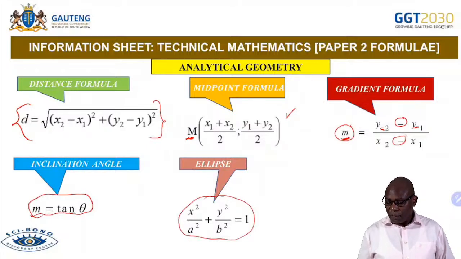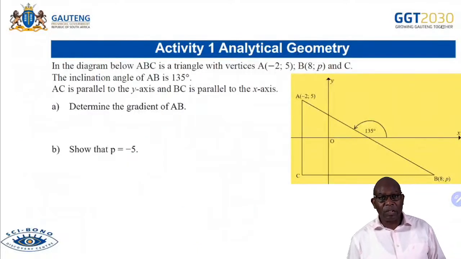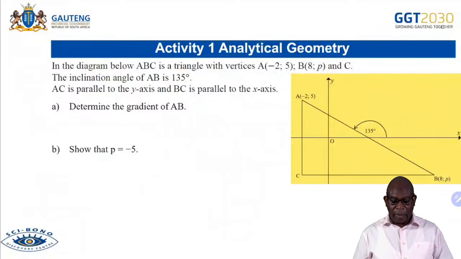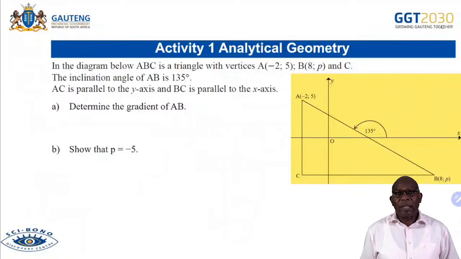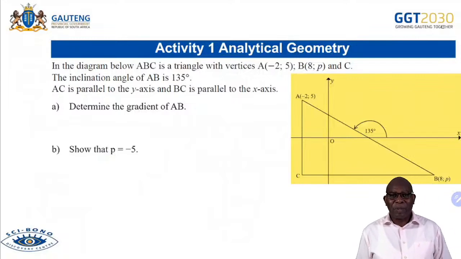Okay, right. So now let's look at the activities for analytical geometry. All these questions are taken from past papers, so you can see how they are set in the papers. In the diagram below, ABC is a triangle.